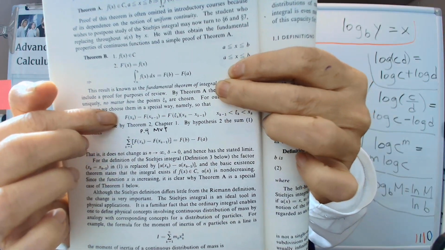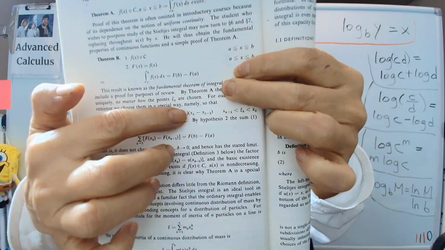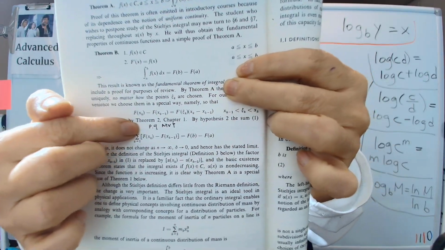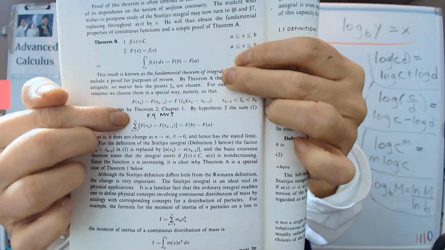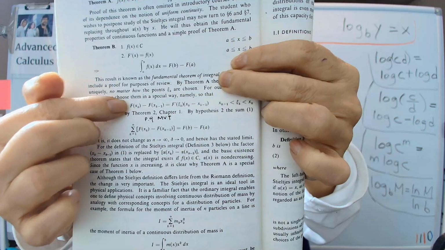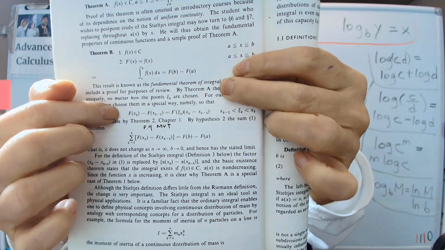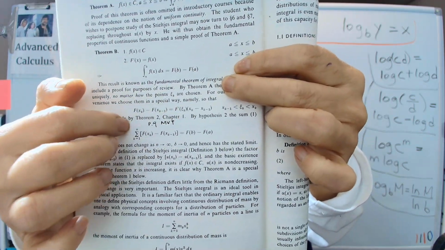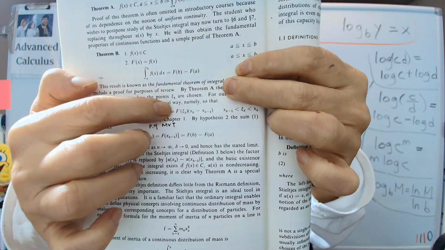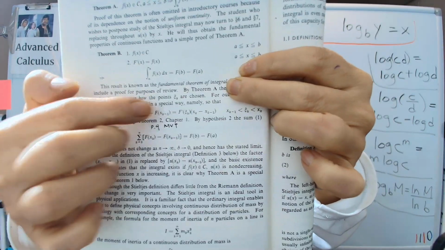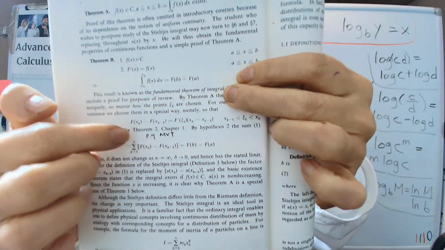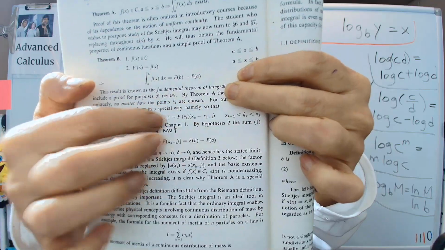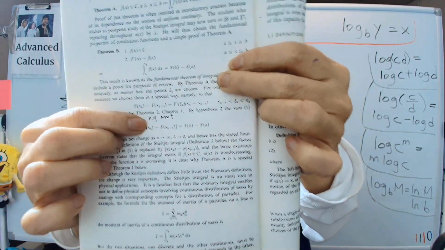Now, how would you choose that? You're going to choose it by the famous MVT, the mean value theorem, which states that if things are differentiable, then for any difference of this kind, you can pick a point psi of k such that this equation holds. That's the good old MVT.